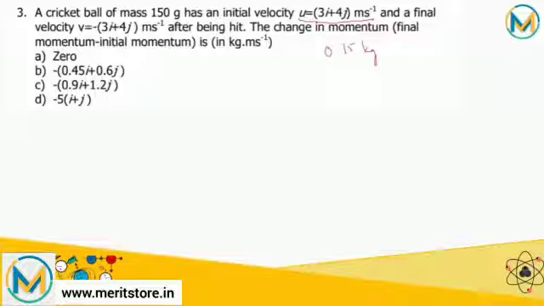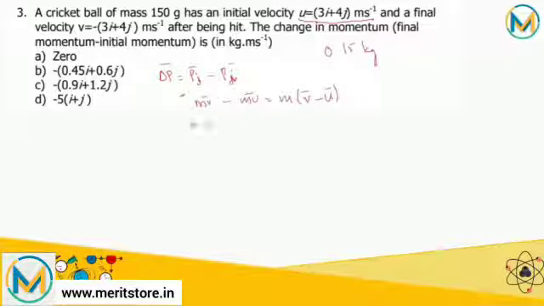So change in momentum, that is delta p, is equal to p final minus p initial. It is mv bar minus mu bar. Okay, so if I take m common, I can simply write v bar minus u bar.